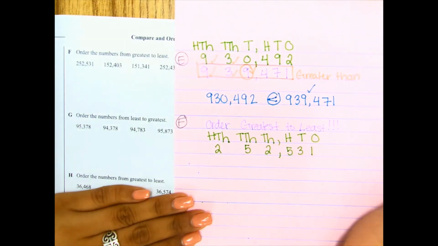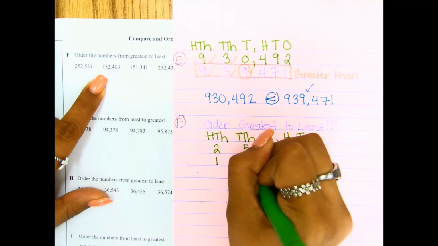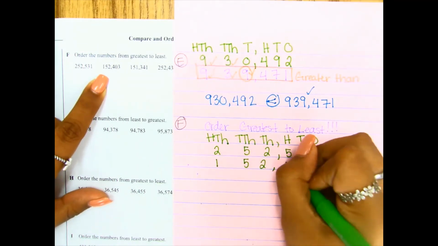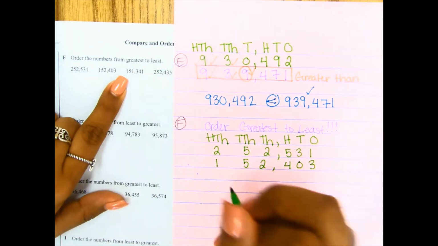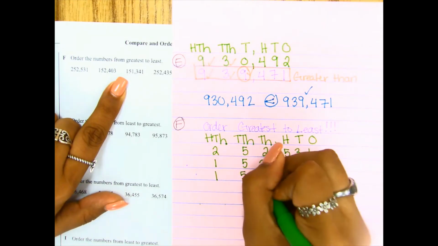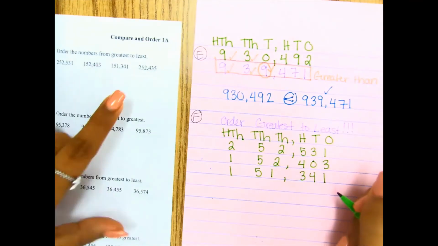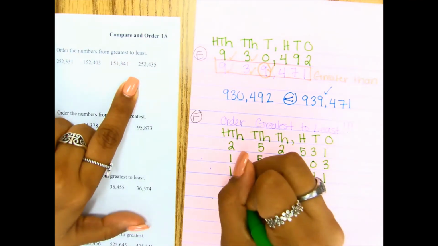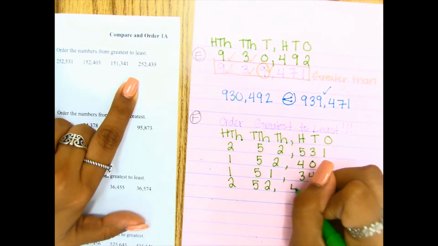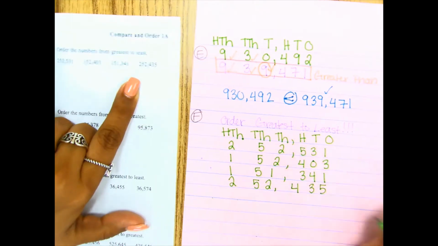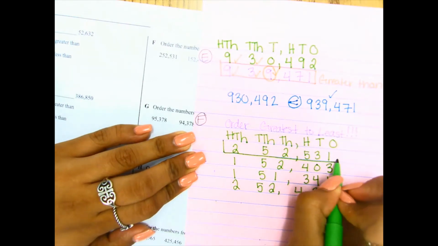Now let's write our second number: 152,403. Now onto our third: 151,341. Now, last but not least, 252,435. Those are our 4 numbers that we are comparing.